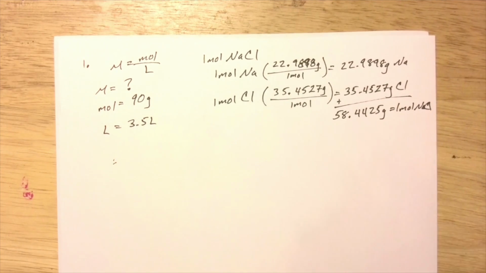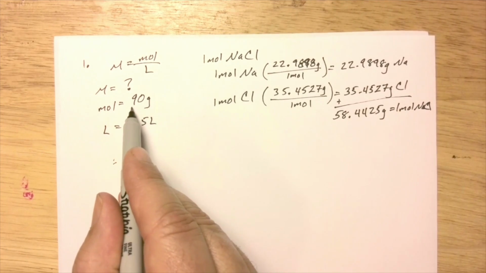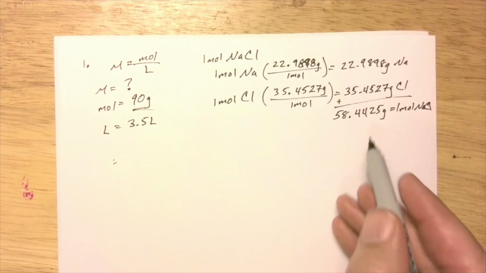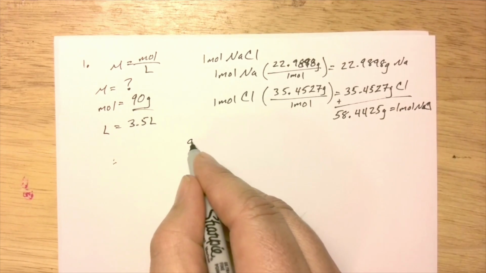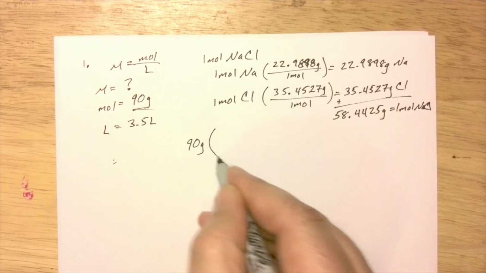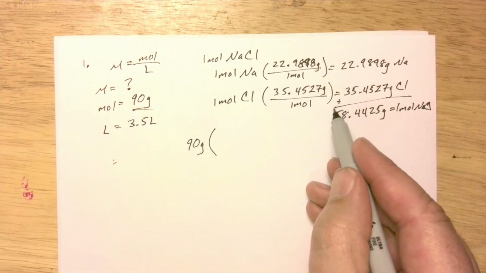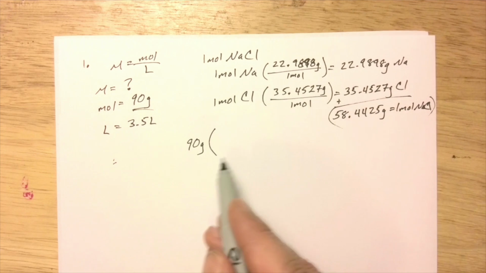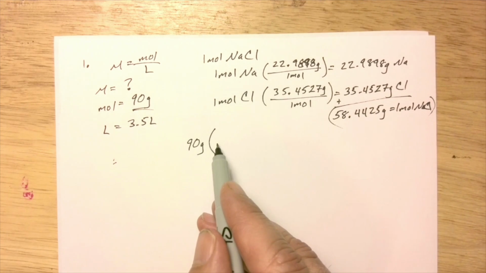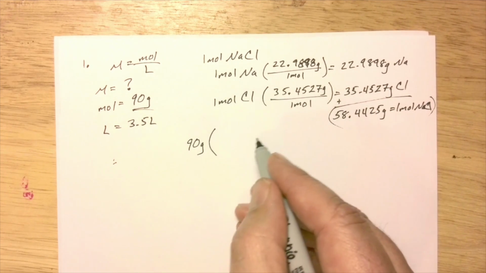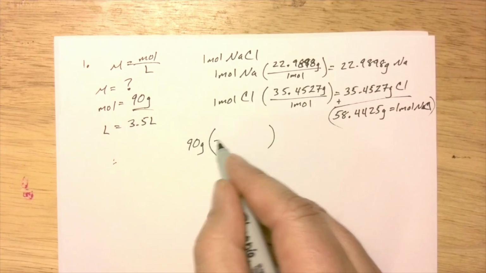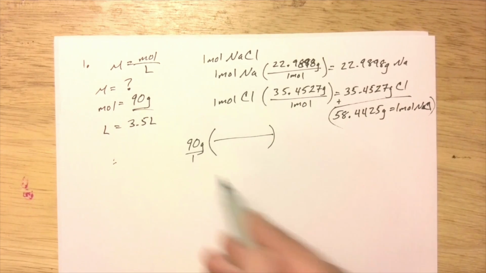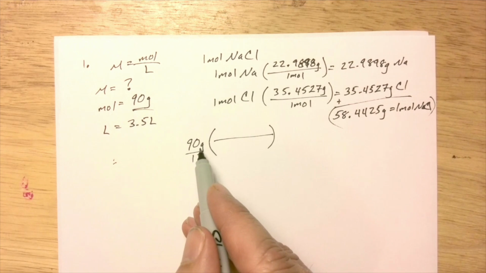So now we have the 90 grams over here. I want to use this inside the set of parentheses to find out how many moles of sodium chloride I have. So technically this is over 1. In order to get rid of the unit grams, I need grams on the bottom.